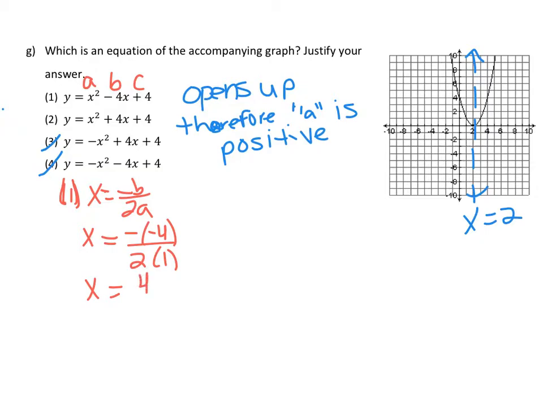So we have positive 4 over 2, which is 2. We did get x equals 2, but let's just verify. There are many parabolas that will have the same axis of symmetry. So you do want to check out that other example first, because if those are the same, then we'll move on to perhaps the vertex.